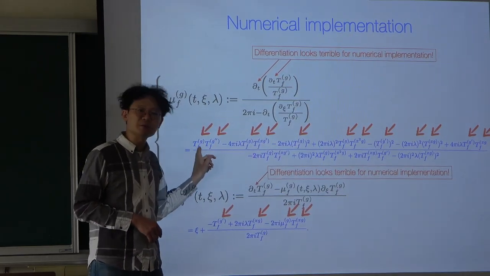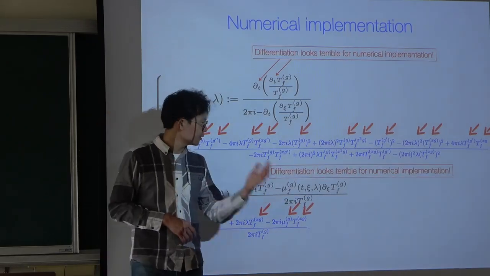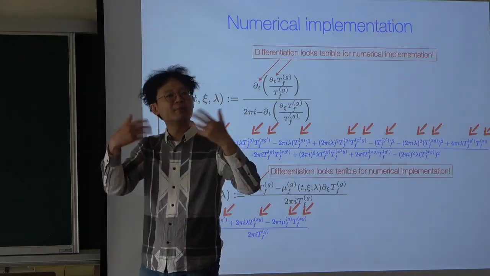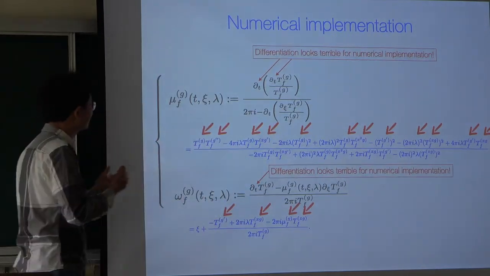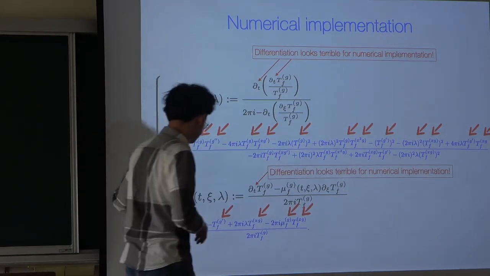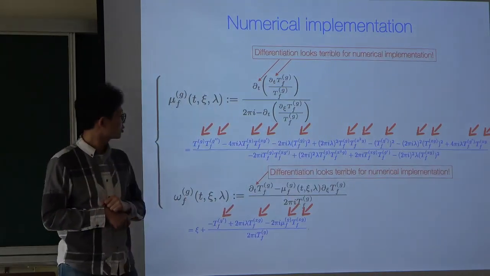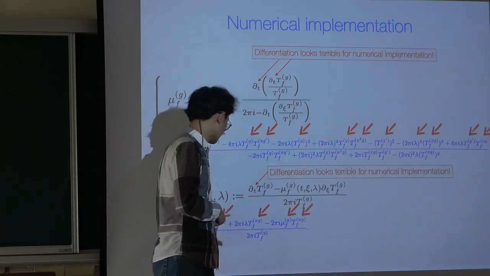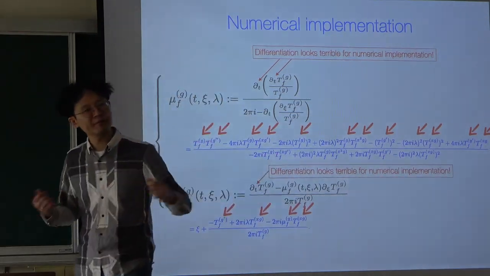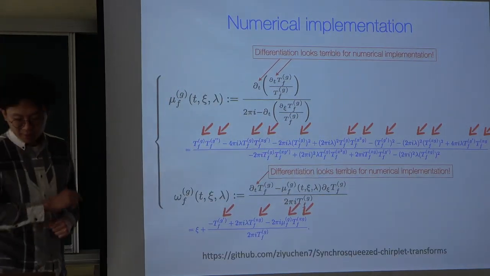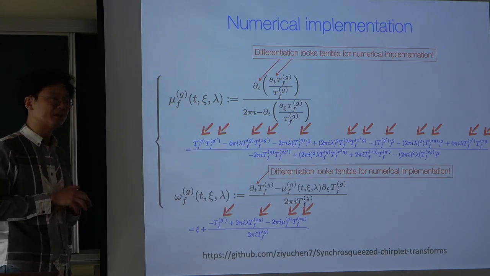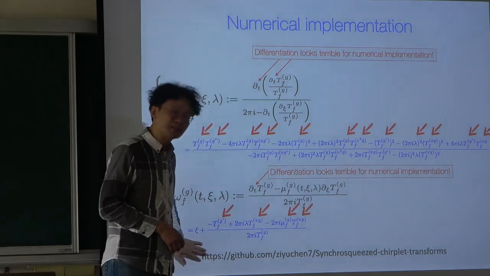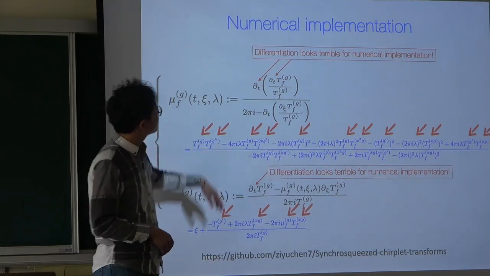You use different windows to calculate the Chirplet transform, and you just combine them in this way, and omega as well. So what you see is, hey, this is the frequency, and this is the correction, and so on. Very nice. So numerically, you can implement it easily, and here is the code you can find online that implements everything.